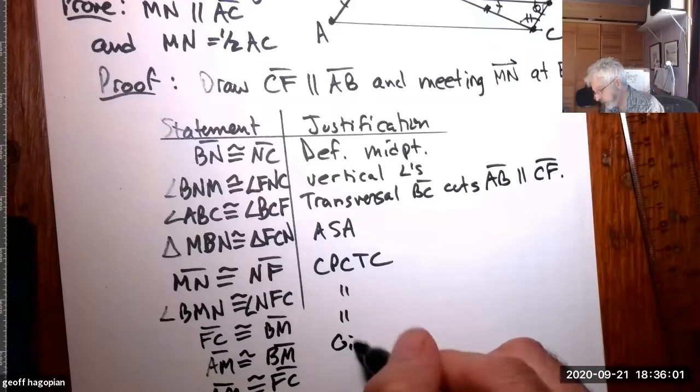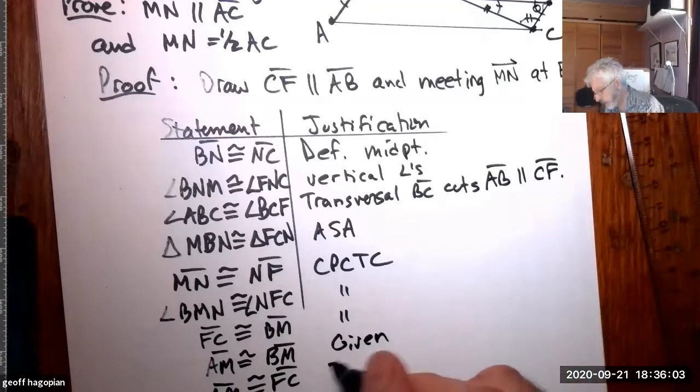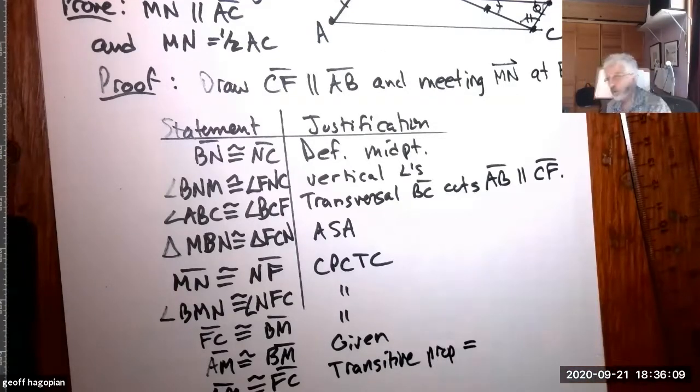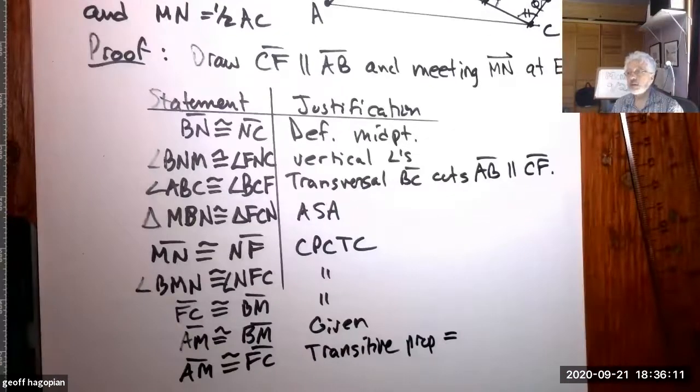This was given, and this is the transitive property of equality. Right, if two things equal to the same thing are equal to each other, so FC is equal to BM, AM is equal to BM, AM is equal to FC.